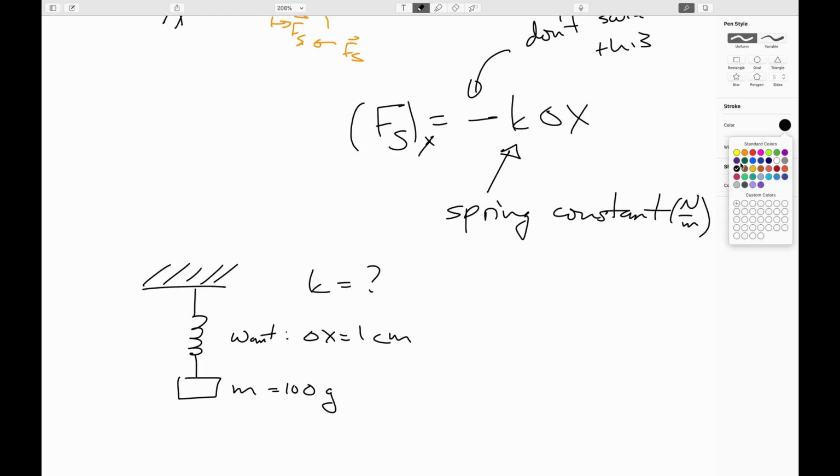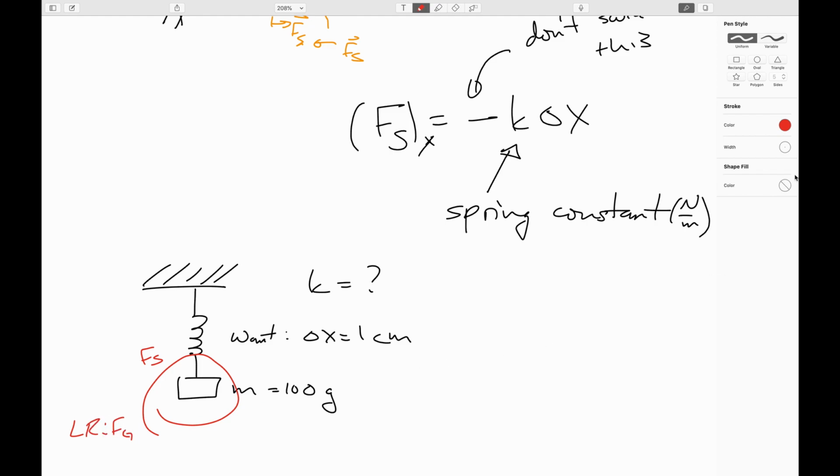Okay, so we can do a force identification diagram here. We cut through the spring, so now we've got a spring force, and that's it. Our only long-range force is gravity. So we can go ahead and do Newton's second law in the y direction. For our spring scale, the acceleration will be 0.